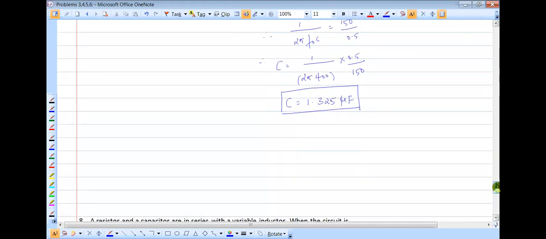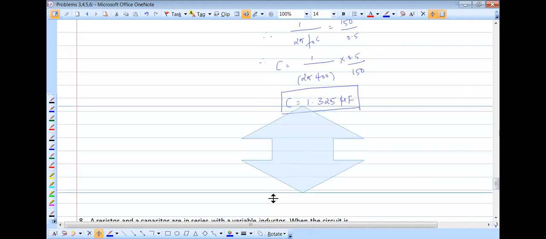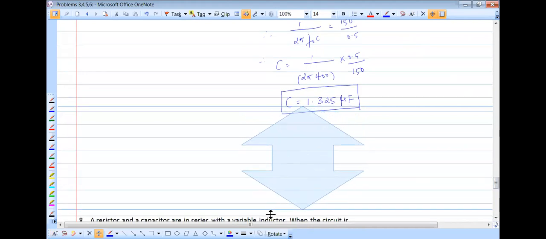Now, how to find out L? Anybody? How to find out L at resonance now? L is fixed, whether at resonance or non-resonance. C is known. Xc is known at resonance.